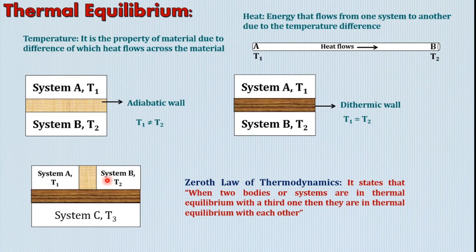So it means that when two bodies are in equilibrium with the third system, then those two bodies are also in equilibrium with each other. We can consider it either as bodies or as systems.